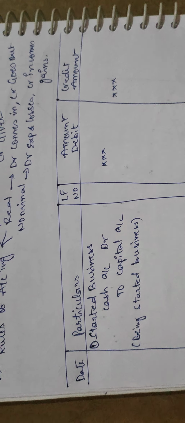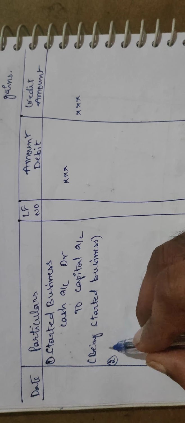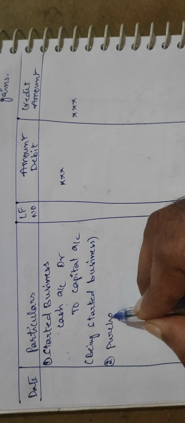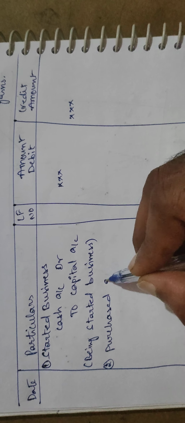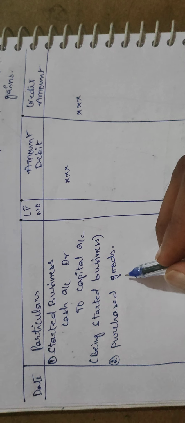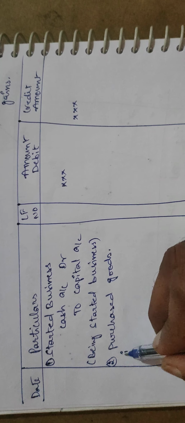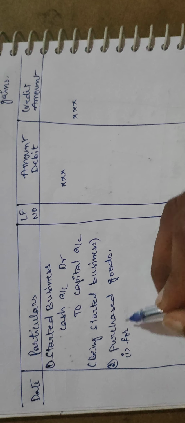Then the second thing is purchased goods. Goods can be purchased based upon two things, and I will tell you those two entries. One is for cash.